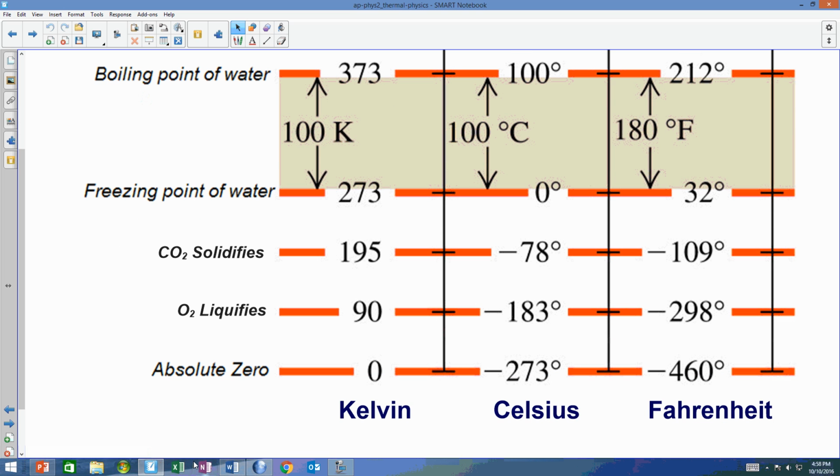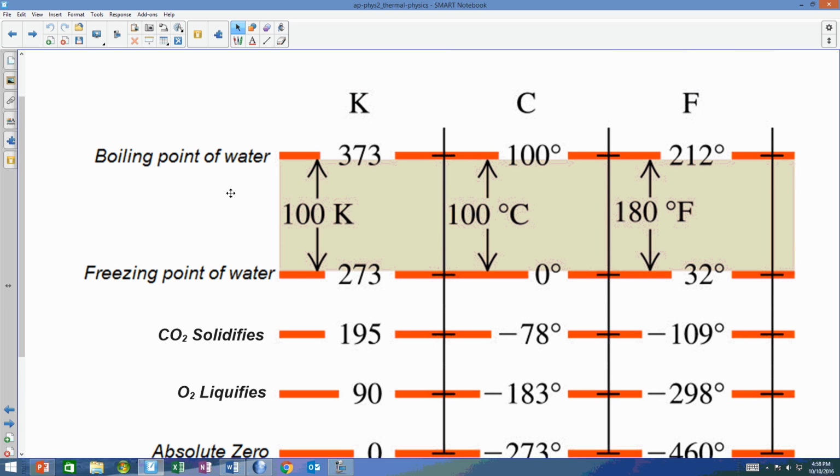Here you can see at the bottom that at absolute 0, Kelvin is 0. For the Celsius scale, it's negative 273 degrees Celsius. And for Fahrenheit, it's negative 460 degrees Fahrenheit. So you can see there's a relationship between all 3 scales.